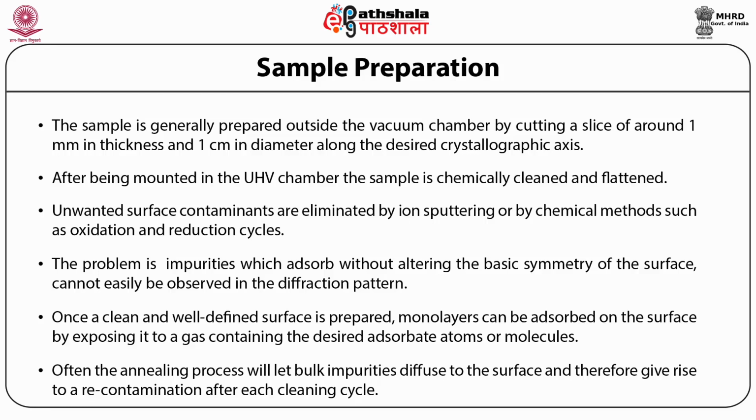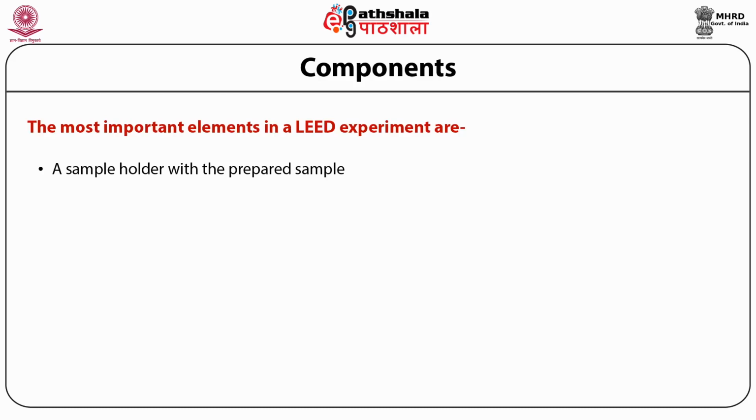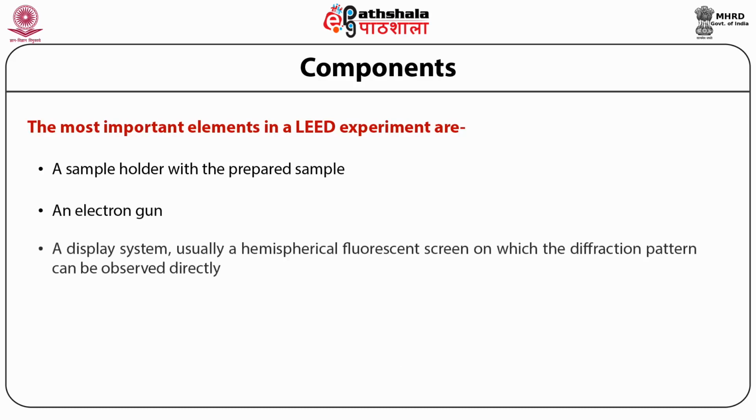Components of LEED. The most important elements in a LEED experiment are: point 1, a sample holder with the prepared sample, and point 2, an electron gun. Point 3, a display system, usually a hemispherical fluorescent screen on which the diffraction pattern can be observed directly.